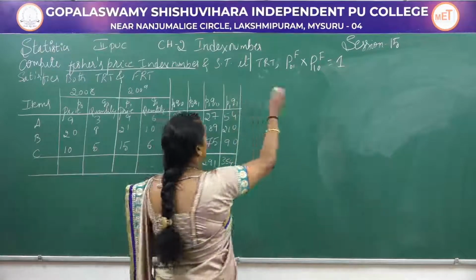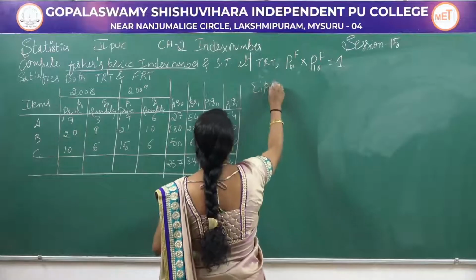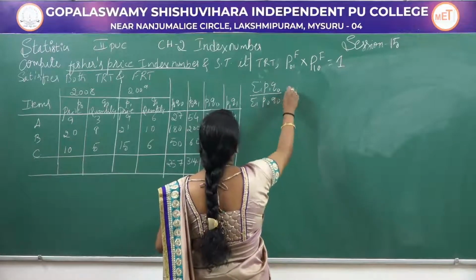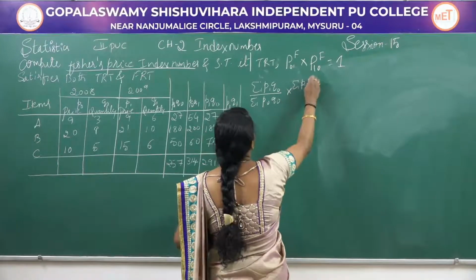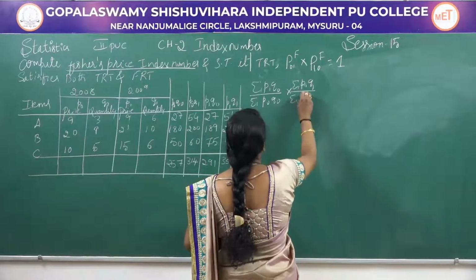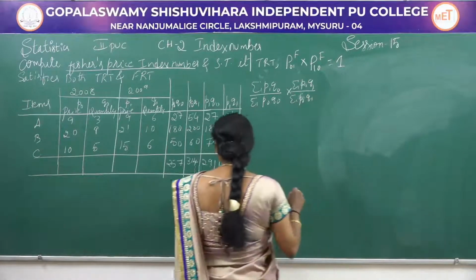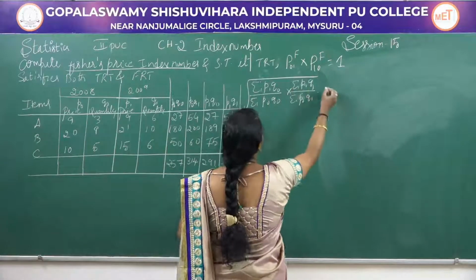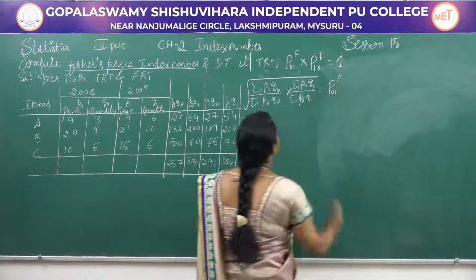So again I will recall: P01 of Fisher's is the square root of summation of P1 Q0 by summation of P0 Q0 into summation of P1 Q1 by summation of P0 Q1. This is the formula for P01 of Fisher's.